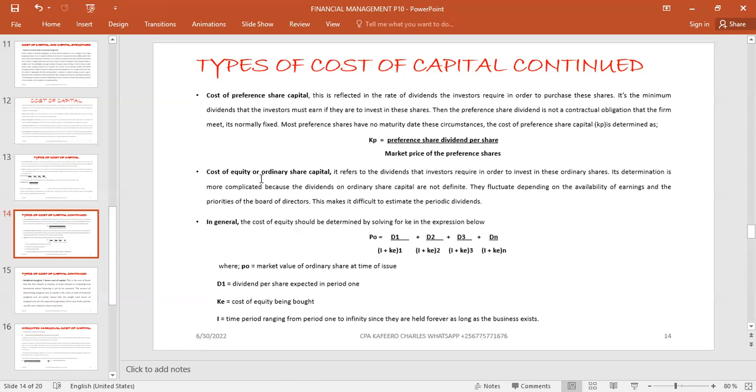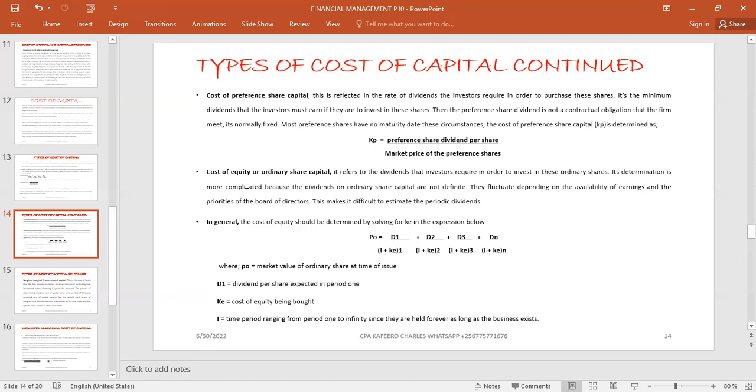And the next one is cost of equity, or ordinary share capital. This cost of equity is most of the time equal to that of the retained earnings, because this is equity, the money that has been contributed by the shareholders.